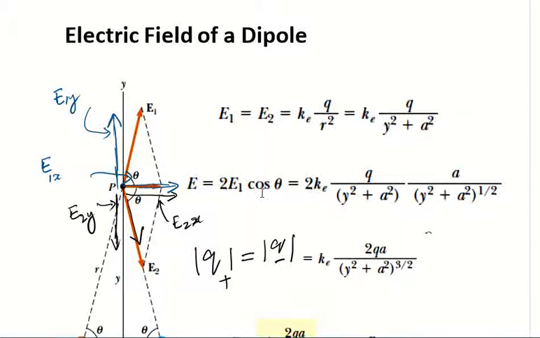So we write 2 times E1. E1x is E1 cos theta, so that becomes 2 times E1 cos theta. That is pretty straightforward to judge.